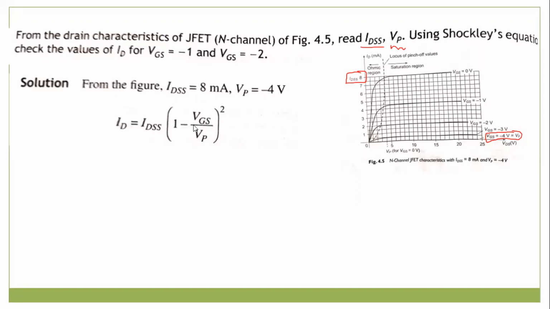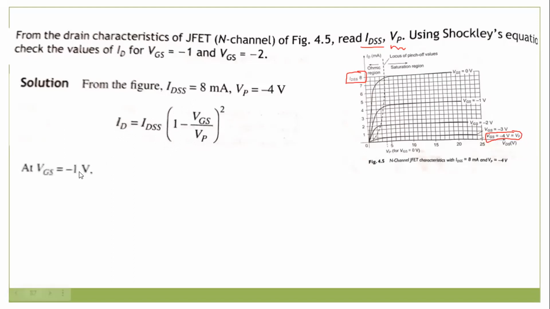We know that the Shockley equation for finding the drain current is given by ID equals IDSS into (1 minus VGS divided by VP) whole square. Now I'm going to substitute those values into this equation to find the ID value.